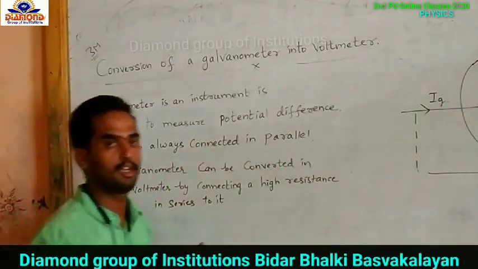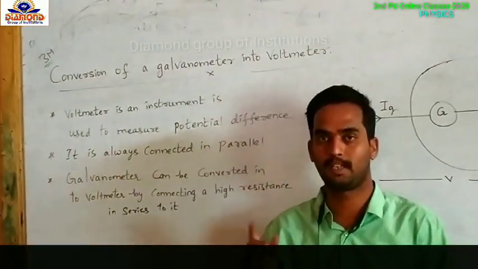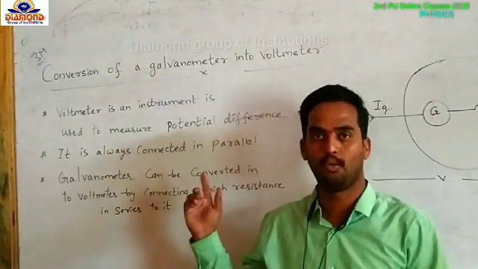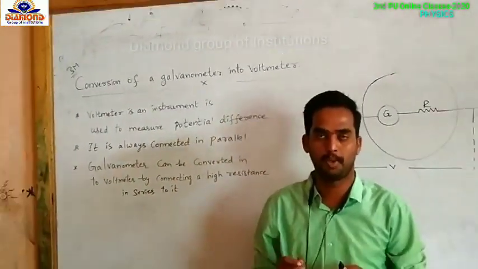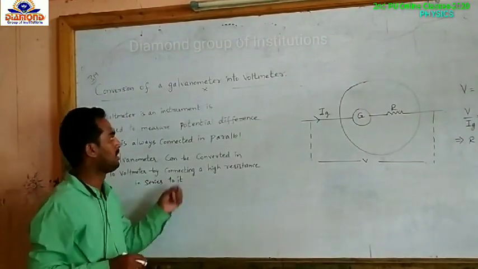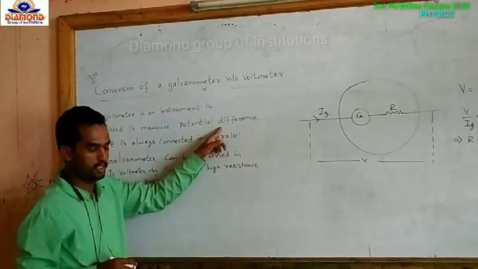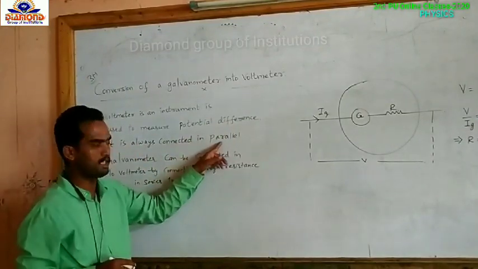So remember, an ammeter measures current, whereas a voltmeter measures potential difference, called voltage, and it is always connected in parallel.